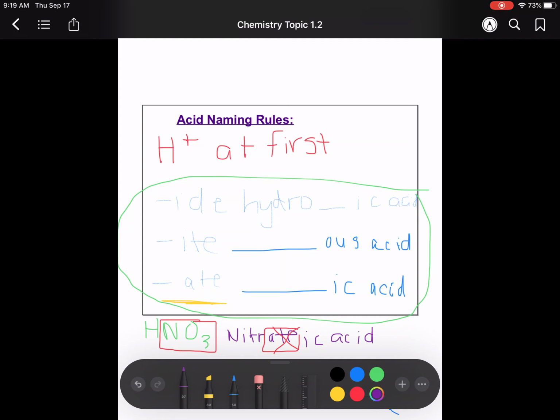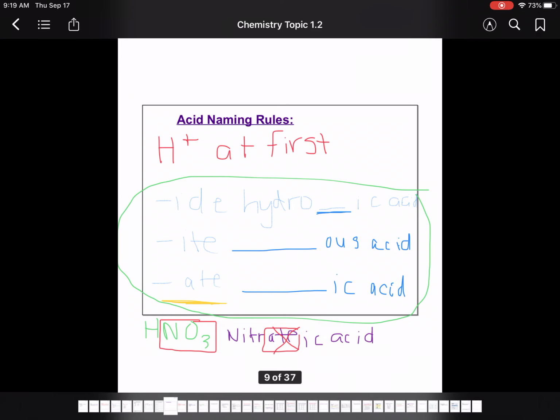Okay, so you're just taking the ending of the polyatomic ion, finding which one it corresponds to in the acid naming rules, then dropping that ending and plugging it into the space. And this one I have really bad writing with, but that is how you would do that. All right, so that's a refresher on how we would name acids.